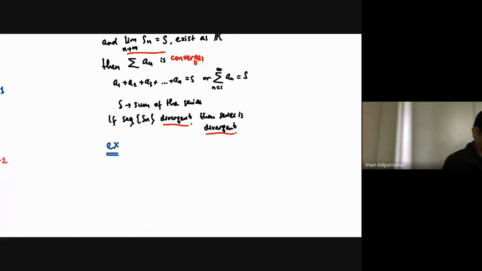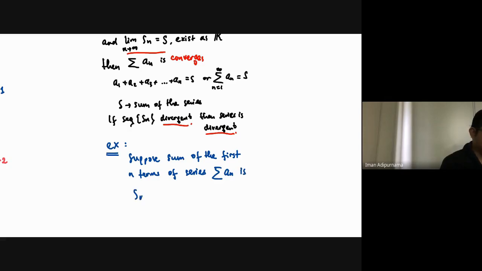So maybe some example. Suppose the sum of the first n terms of a series is, okay, let's just use the example 2n over 3n plus 5.